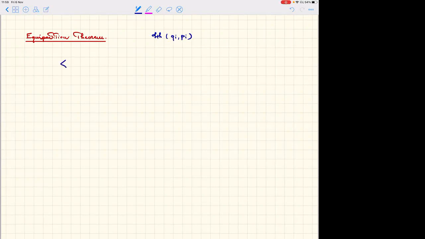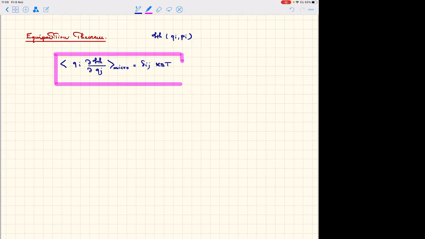Then the average with respect to the microcanonical ensemble of qi dH/dqj is equal to delta ij kB T. So this is the statement of the equipartition theorem.